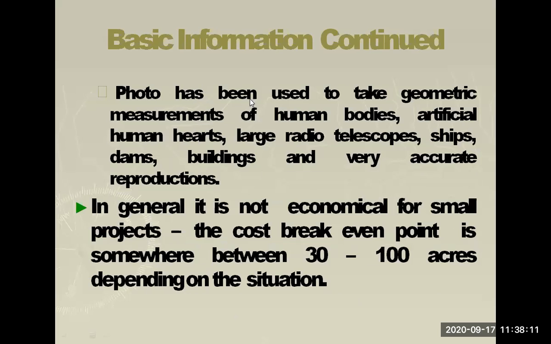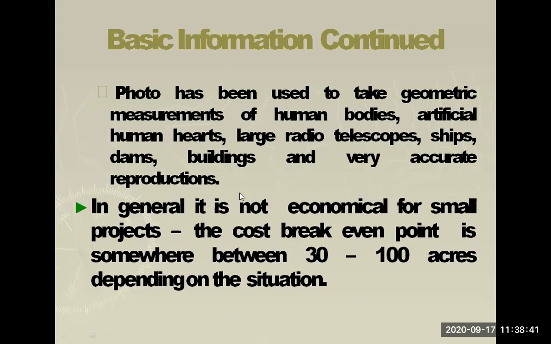Again, photos have been used to take geometric measurements of human bodies. We can take the measurements of our human body from photos. Then artificial human hearts, large radio telescopes, ships, dams, buildings, and very accurate reproductions.